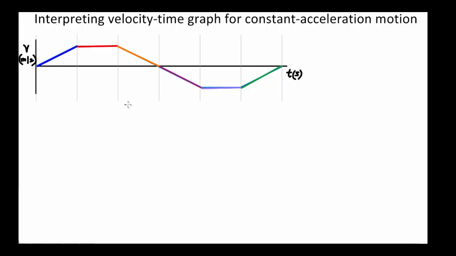So as we discussed before, I can't look at this graph and visually identify what's happening to the object. I have to interpret the graphs. So let's do this for one segment at a time. So the very first segment, my velocities are always positive. So I got positive velocity, and my acceleration, which is the slope of the velocity time graph, is positive.